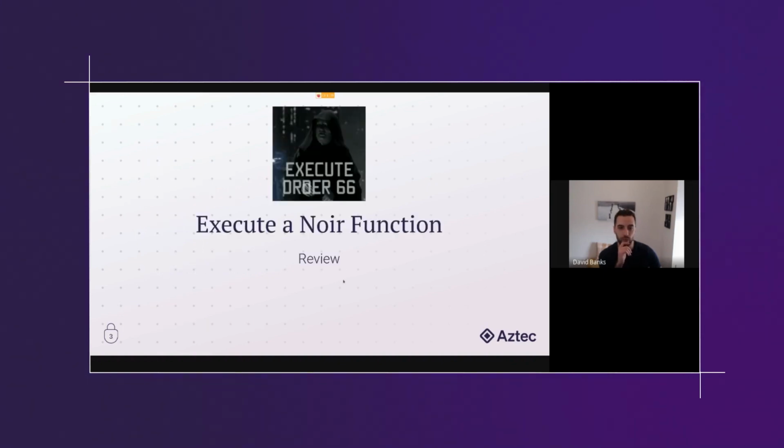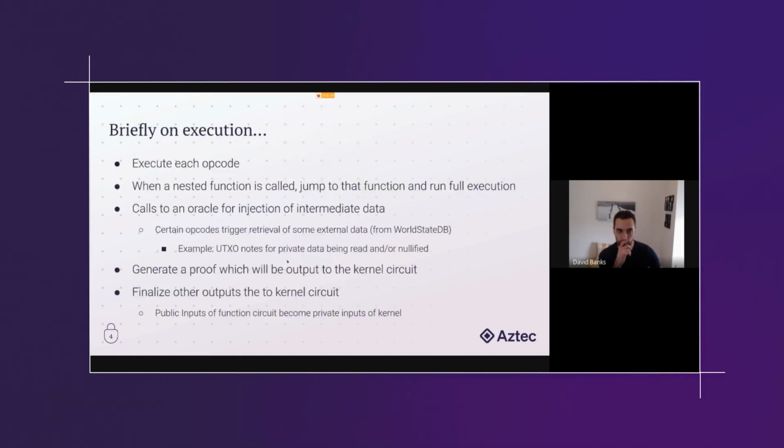Executing a Noir function, quick review. So essentially, you have this Noir code. It compiles down to ACIR opcodes, and you execute each opcode. When a nested function gets called, you need to jump to that function. When a nested contract function gets called, you need to jump to that function and run its full execution.